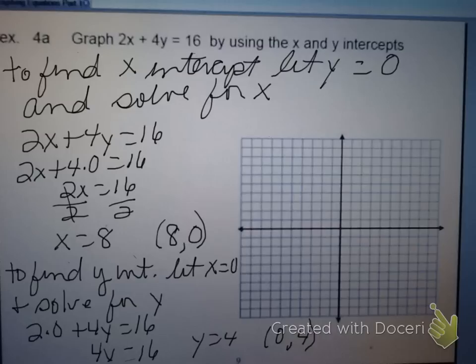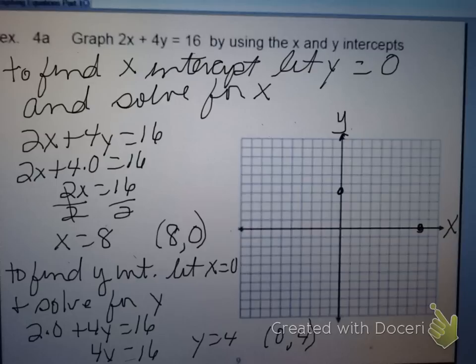So when we go to graph it, again, make a coordinate plane. Label the x and y axis. You must label the x and y axis. And when you go to draw on your graph, when you go to draw the x and the y intercepts, notice that they have arrows at the end. Do you notice on my coordinate plane they have an arrow here, an arrow here? So make sure you do that. Now let's plot 8, 0 right here, and 0, 4 is right here.